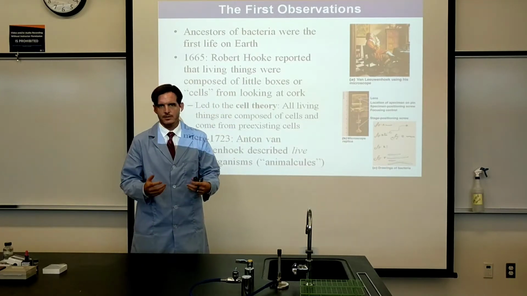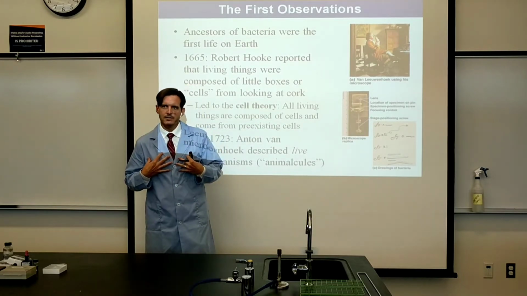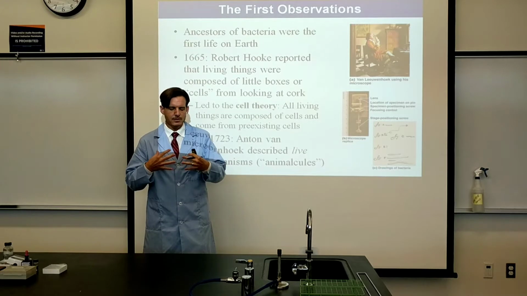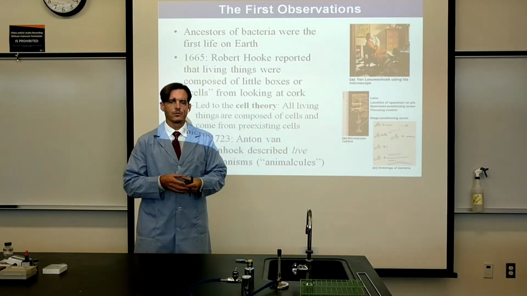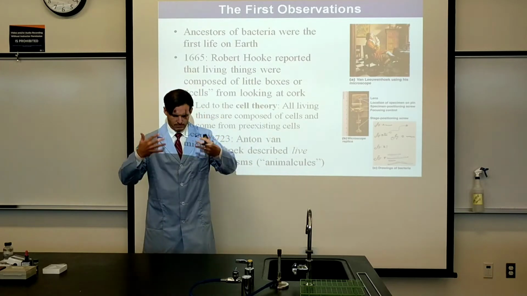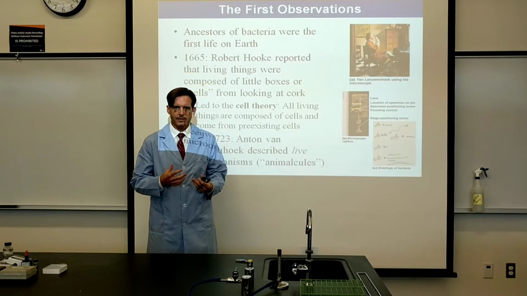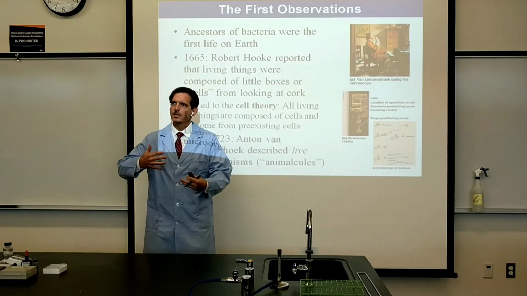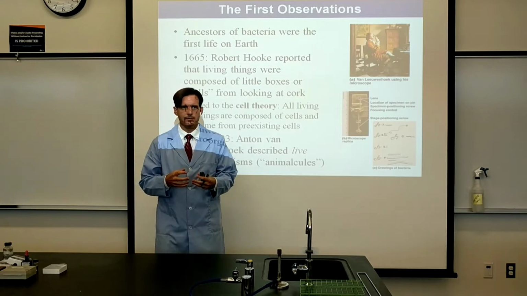And so we had the beginnings of this idea that what we are as life forms is made up of the smallest units of life called cells. So we're huge lumps of cells, right? We're multicellular, but each organ in our body has a complex number of specialized cells.